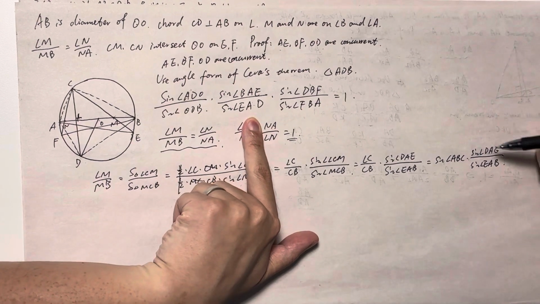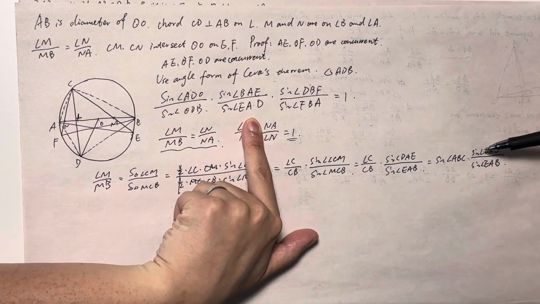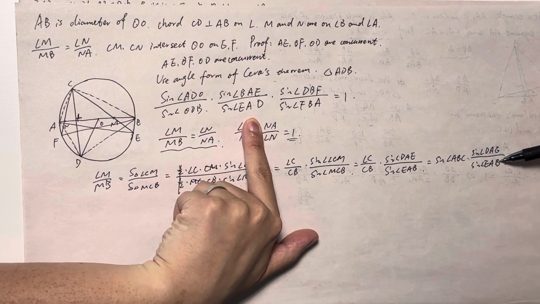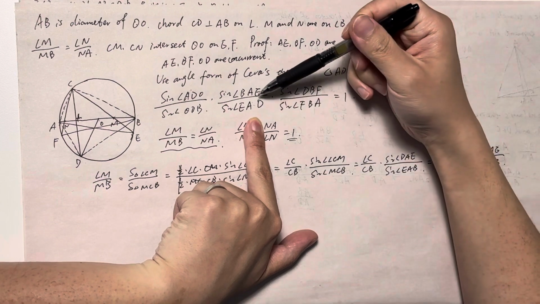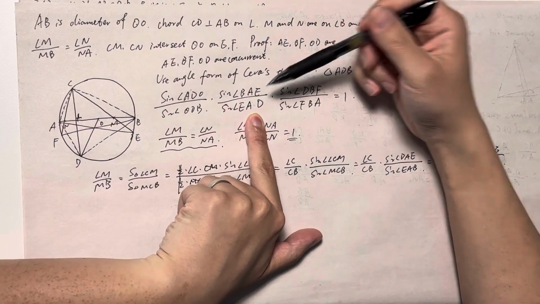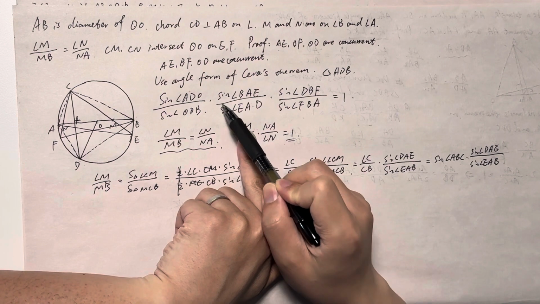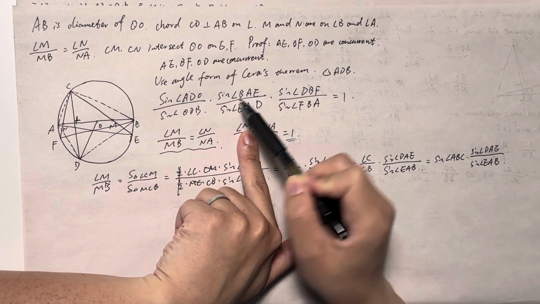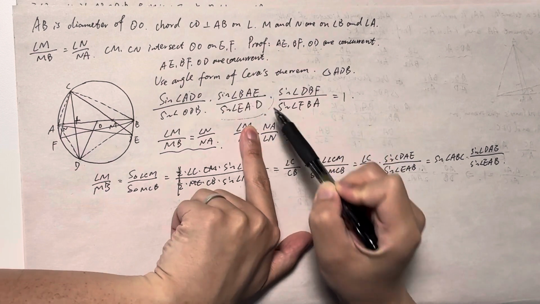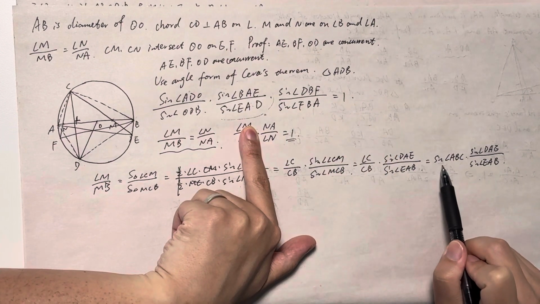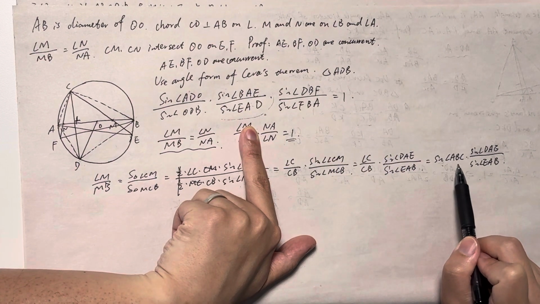Let's check this. We have the ratio of sine angle DAE to sine angle EAB, right? So we have this term here, the same term here. And we want to find the sine angle ABC.